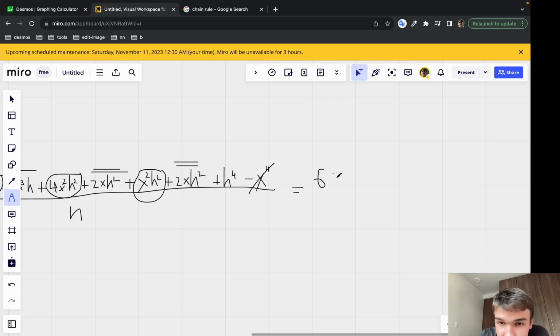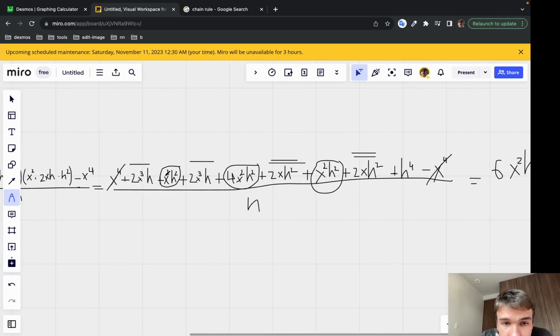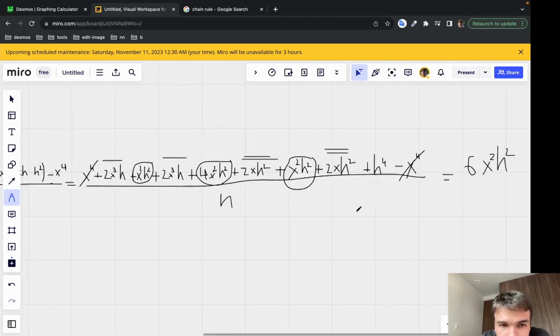So 6x squared h squared. Okay, so we get rid of this, I mean we just sum them. Now then we are interested in this one, so this one is going to result in basically 4x cubed h. Okay, so yeah, isn't it?